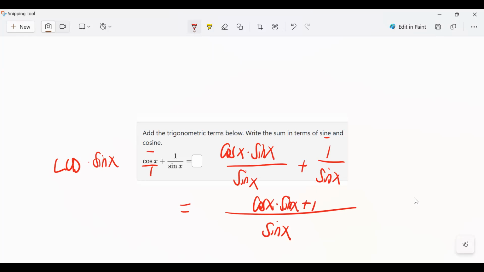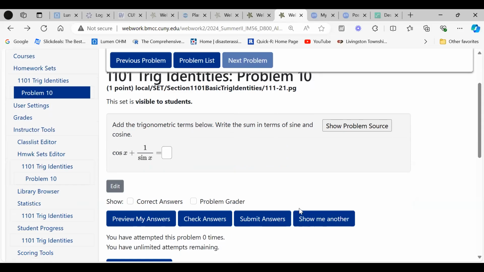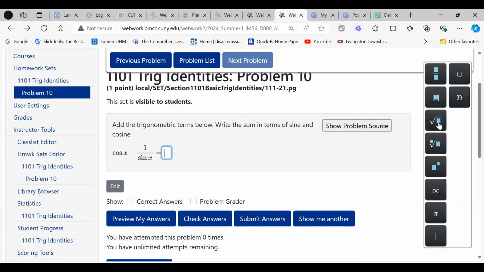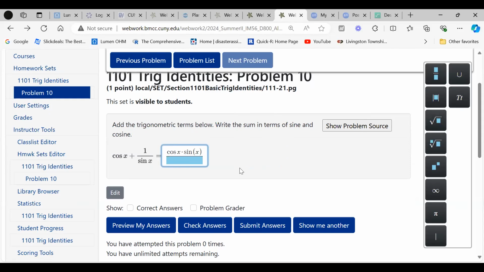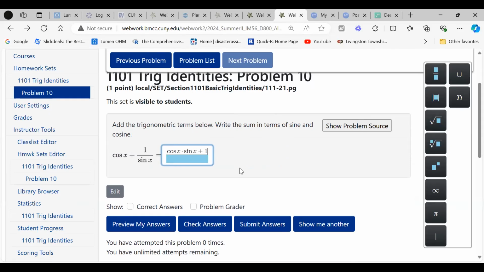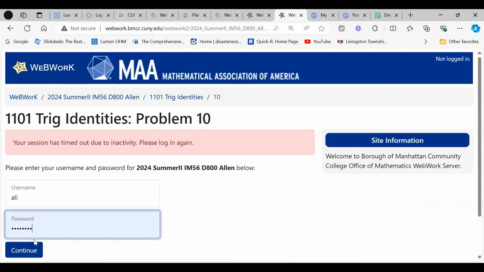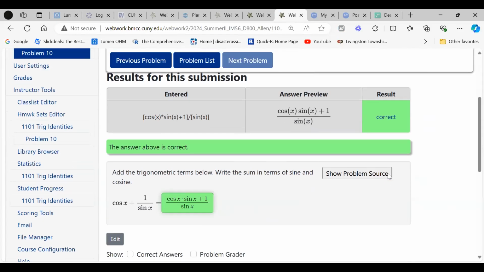You could simplify further, but I think that's the best we can do. In this case, cosine x times sine x and 1 over sine x. That should do it. Yeah, it is the correct answer.